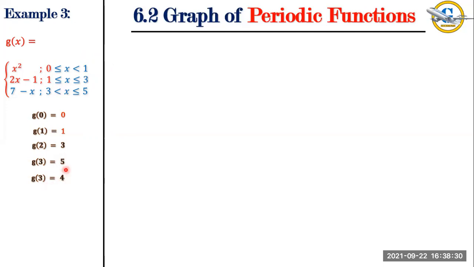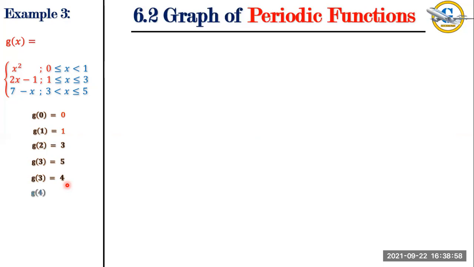You obtain different values of y, so you must always be very careful with this. It therefore means that if you look at g of 3 using the second part of the function and g of 3 using the third part of the function, the values are not the same. With this type of point, you say the function is discontinuous at this point. We will look at discontinuity in the next chapter, chapter 7, on limits and continuity. So in looking at limits and continuity, we will also be discussing discontinuity.